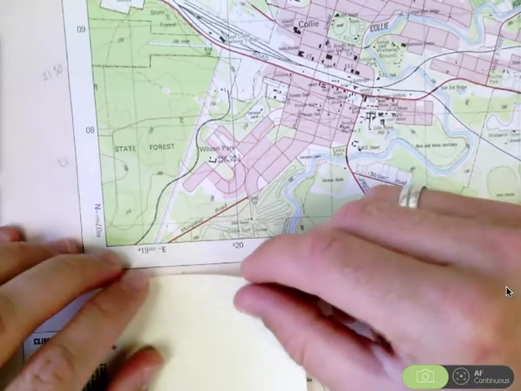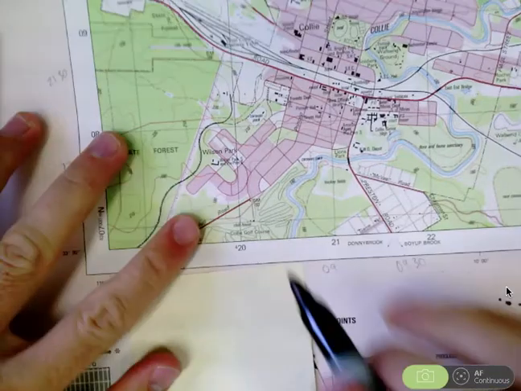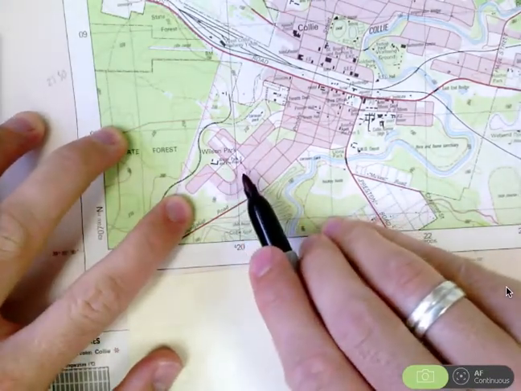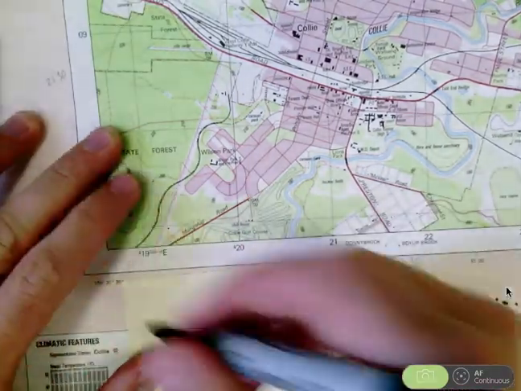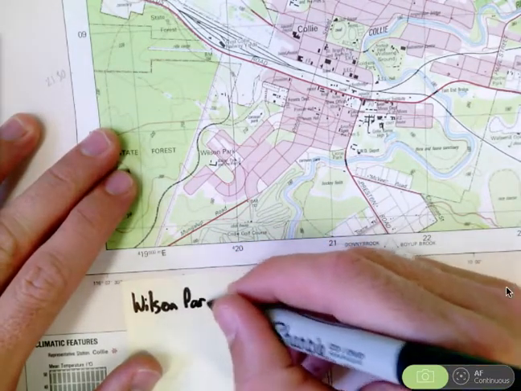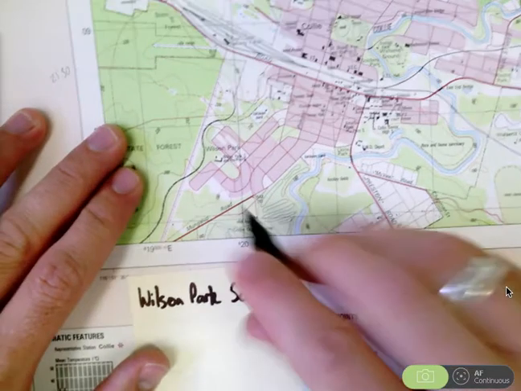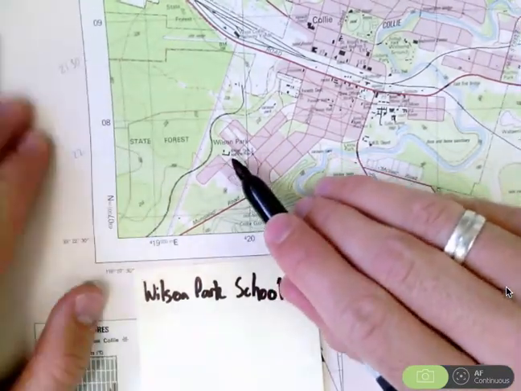So, say for example, they asked us what is the grid reference of Wilson Park School and Primary School. So that would be this one right here. You can see these numbers.